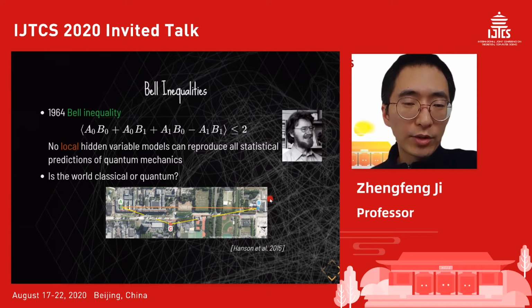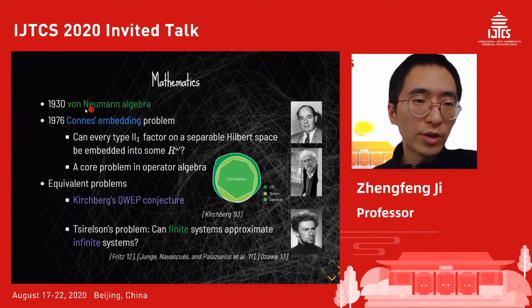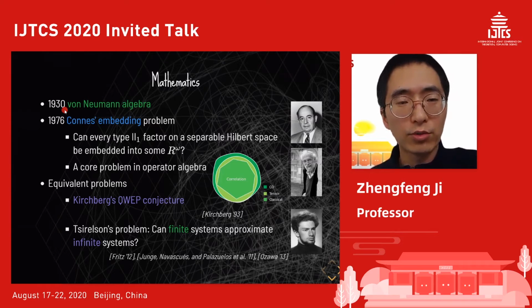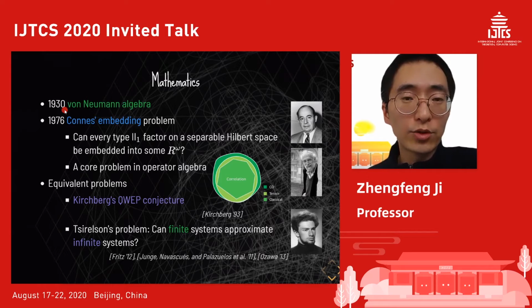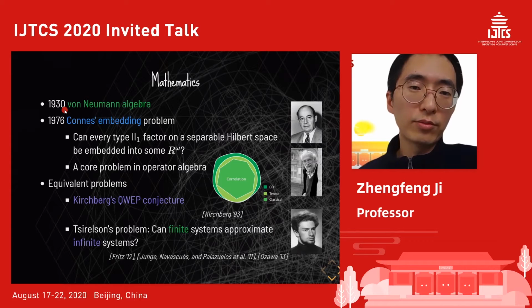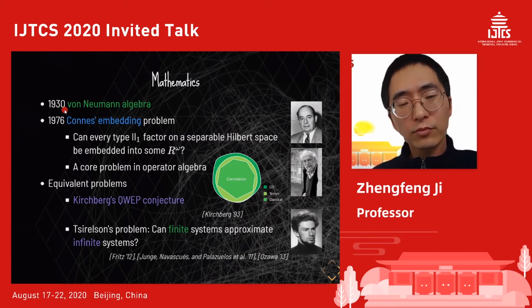So that's in physics. And the mathematics part of the connection is, again, in the 30s, John von Neumann studied what we now call von Neumann algebras. I guess this is not a coincidence because he was trying to lay the foundation of quantum mechanics at the time, so he studied operator structures that physicists use in quantum field theory and so on, quantum mechanics.